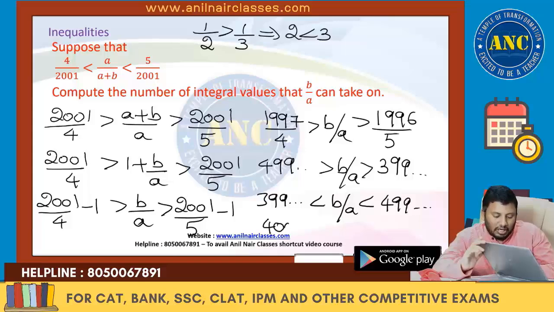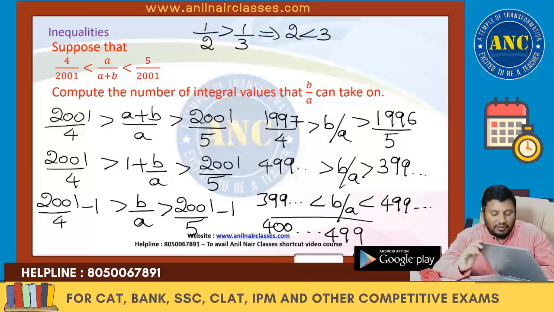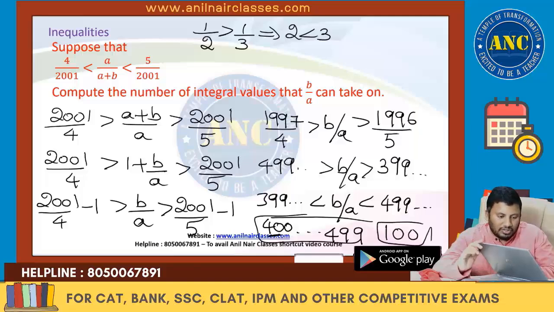So from 400 to 499, I will get the values. 399, after 399 comes 400. Total 100 solutions, I will get.